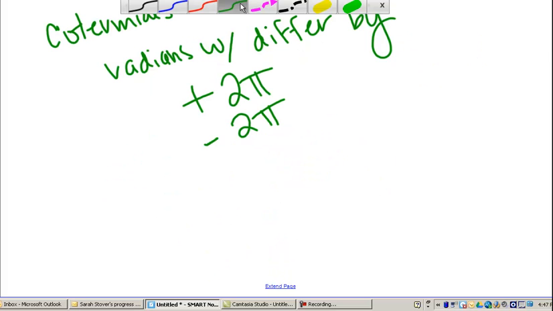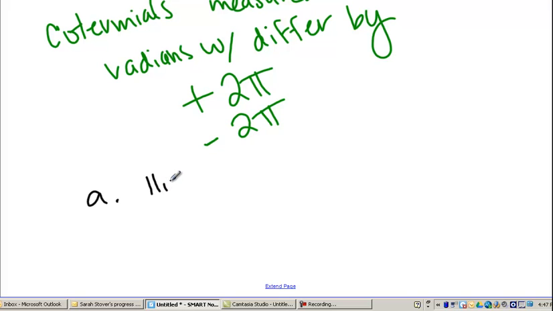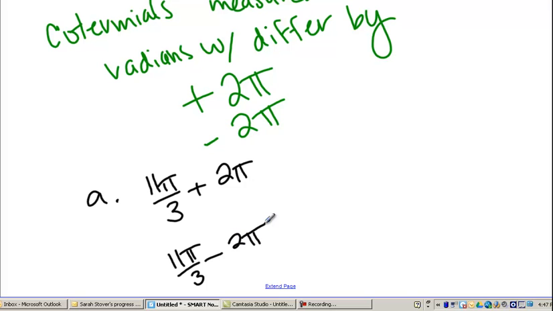Okay, the way you work this problem out, I want you to find coterminal angles with 11 pi over 3. Again, if you're not comfortable with fractions, you will be by the time you're done with this class. So we are going to add 2 pi and subtract 2 pi, which means we need to get like terms, or get the denominators to be the same.